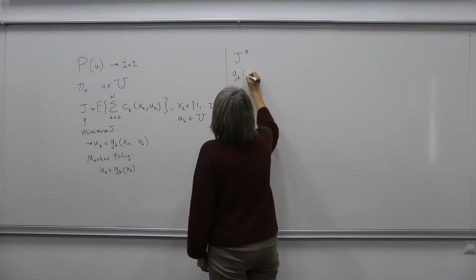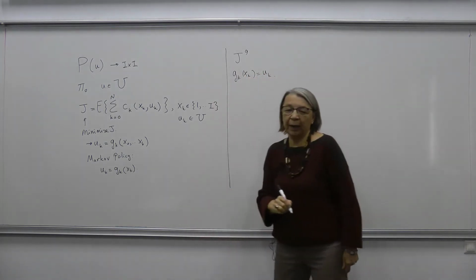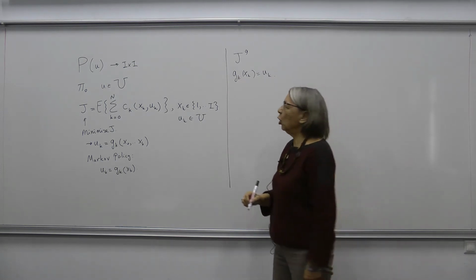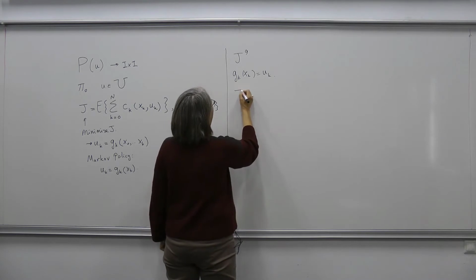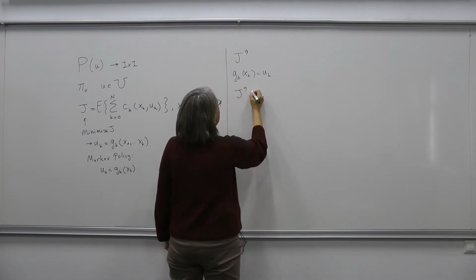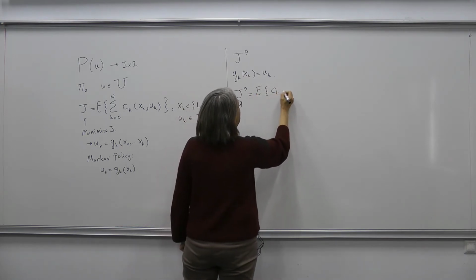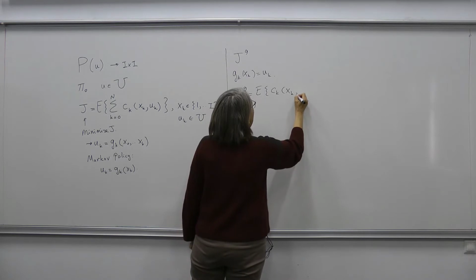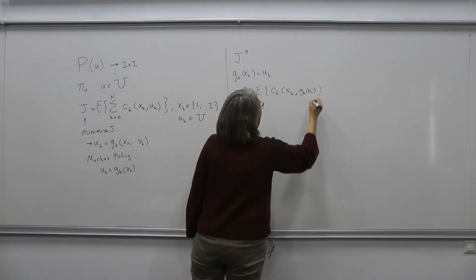G sub K of xk will be our input, which is equal to UK. And with this choice of UK, I can write the overall objective function Jg as the expected value of C sub k of xk and G sub k of xk.